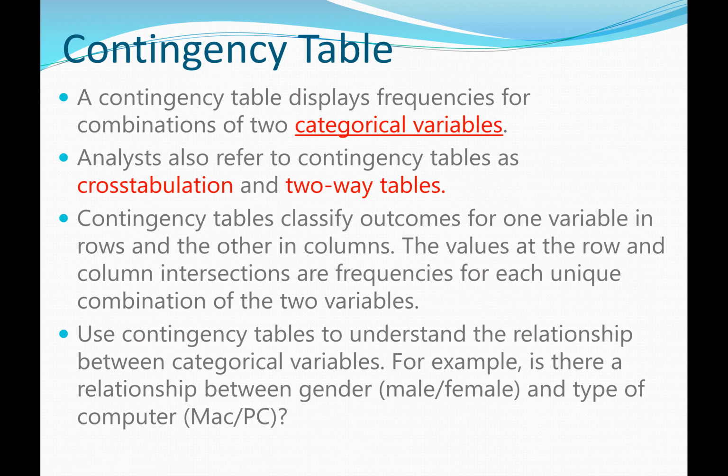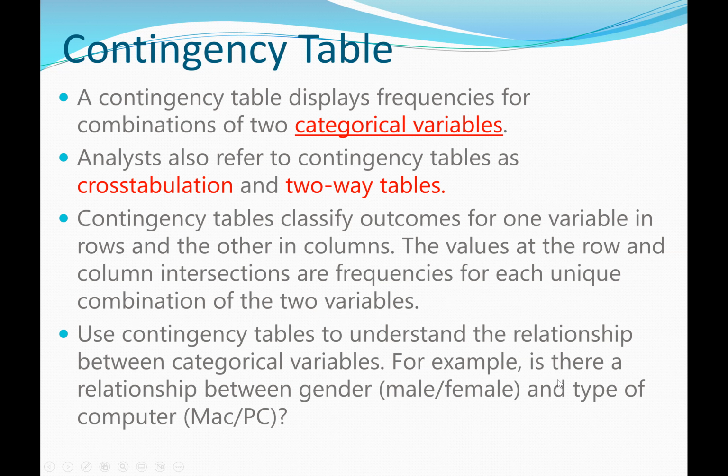So analysts also refer to the contingency table as the cross tabulation. If you remember, we use the crosstab function to create it. Also, a contingency table will classify the outcome for one variable in rows and the other in columns. Now, the values at the row and column intersection will be the frequency for each unique combination of the two variables. Again, we will see examples soon.